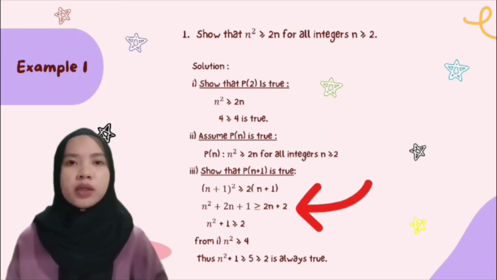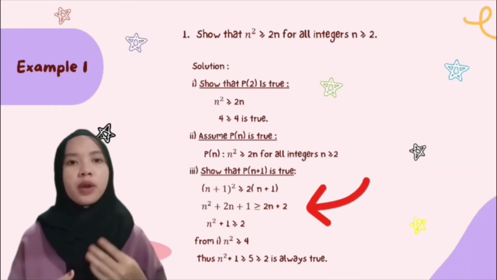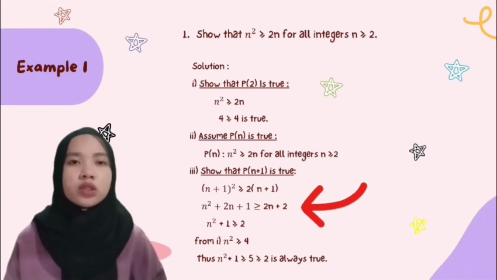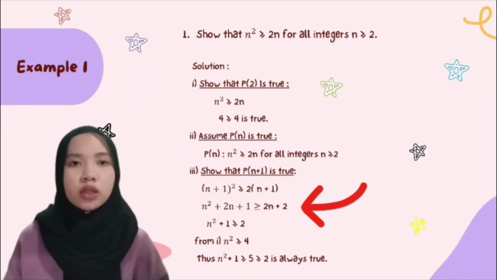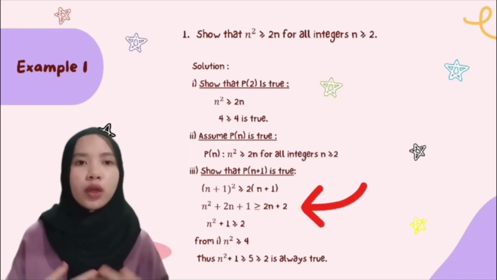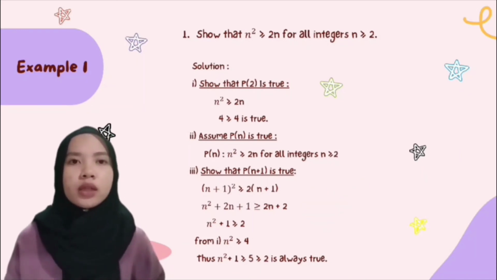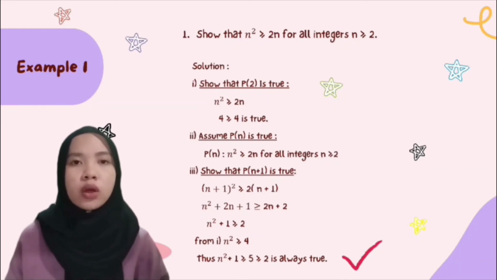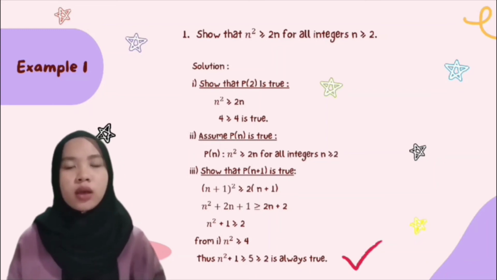The last part is to show that Pn plus 1 is true, by substituting n plus 1 into n squared more than 2n. Then we get n squared plus 1 more than 5, which is more than 2 and is always true.